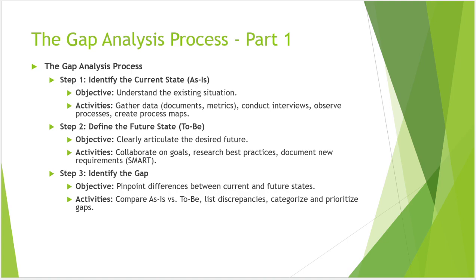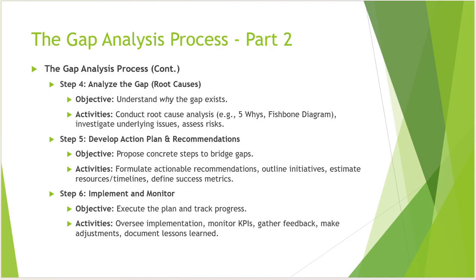Then compare the as-is and to-be process, list the discrepancies, categorize the priority and the gaps. So you should clearly make a table of how the current system works and how the to-be system should work, and identify the gaps. And then you should move on to the next stage. So that is the gap analysis process.